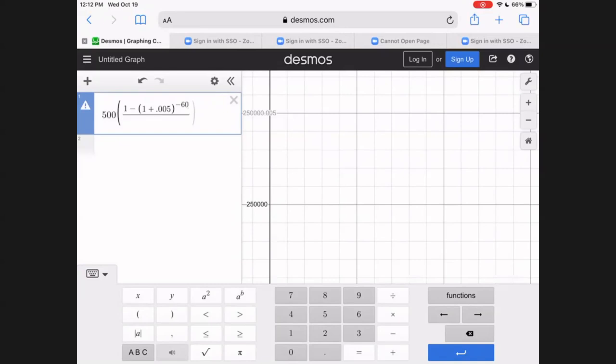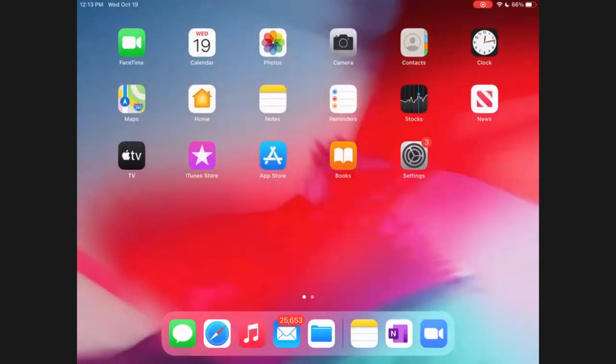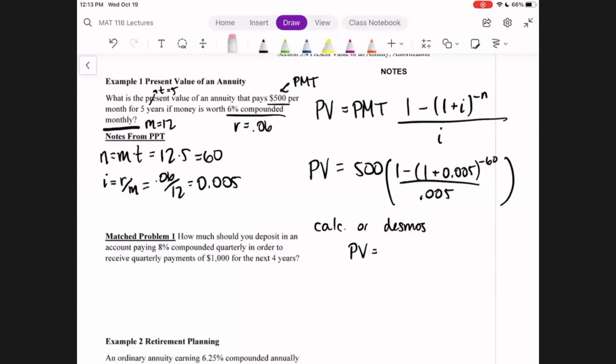Then we're going to divide it by 0.005, and then close parentheses at the end. So we see we need 25,862. So that's how much money I need to deposit now.